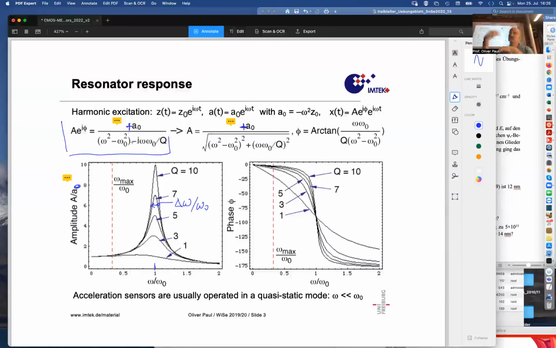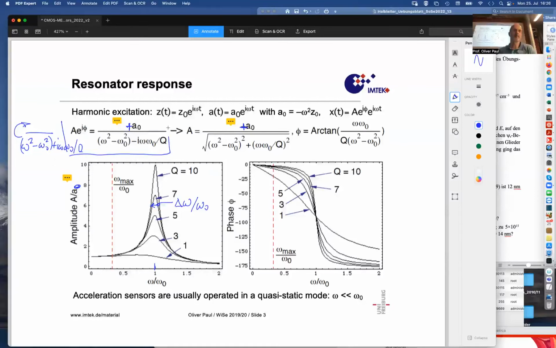Well, we just do a complex conjugate multiplication on the numerator and denominator. So we multiply the bottom with omega minus omega 0 squared plus I omega 0 over Q, and do the same on top.